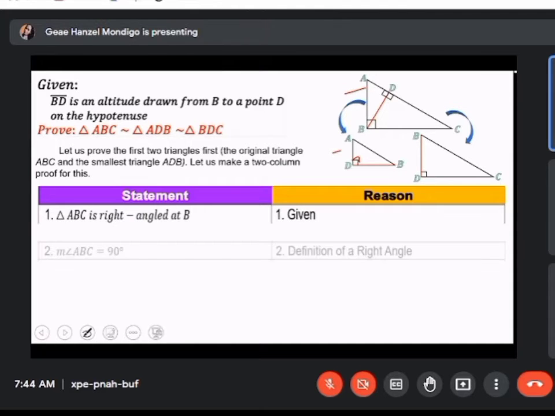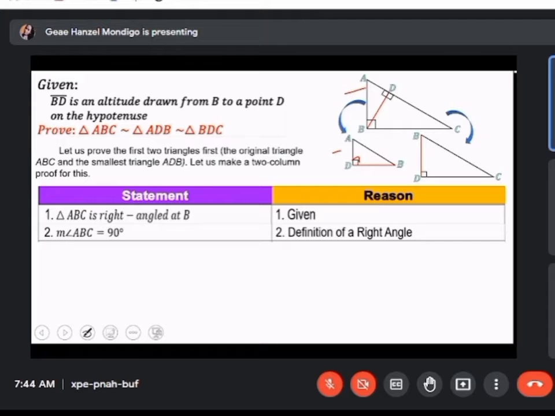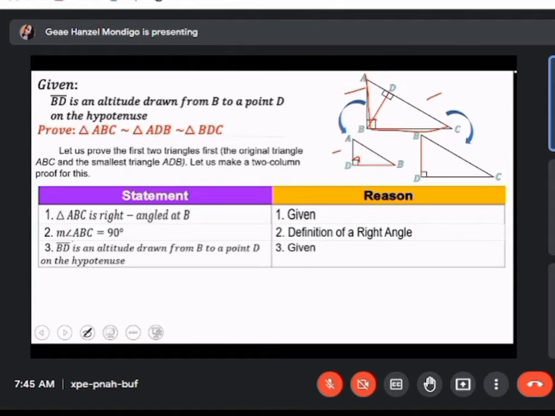And now the measurement of angle ABC is 90 degrees. Then BD is what we call our altitude, which is drawn from the vertex B to our hypotenuse.